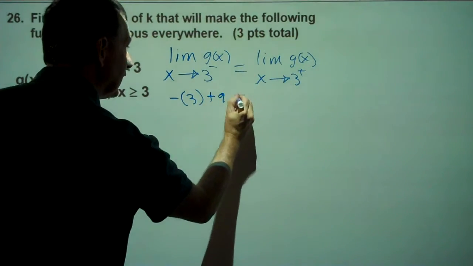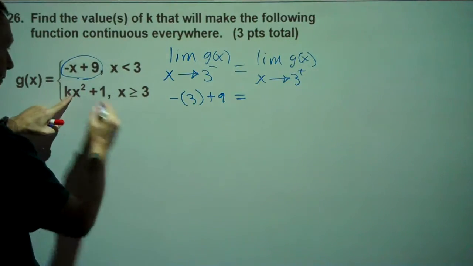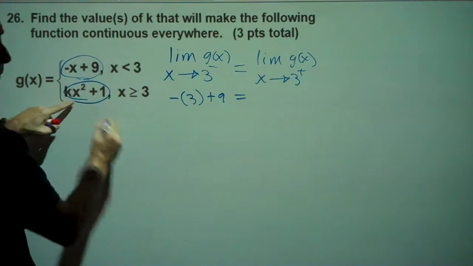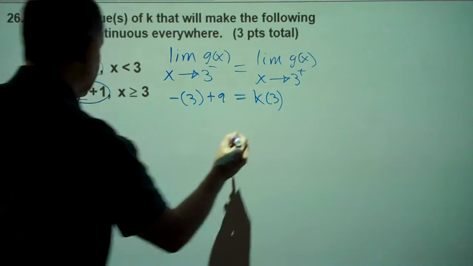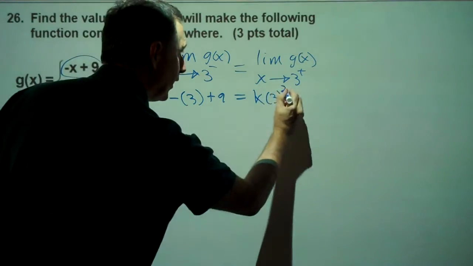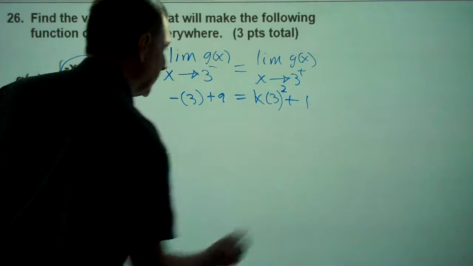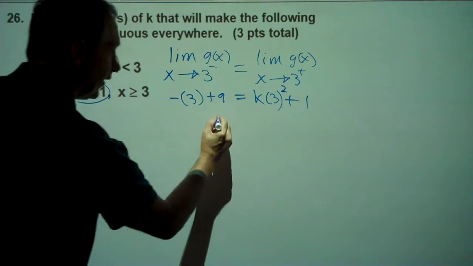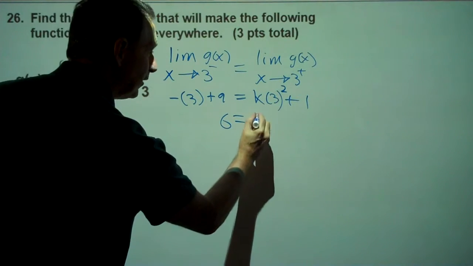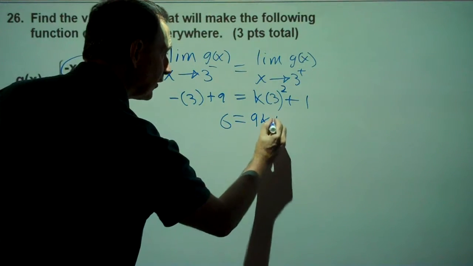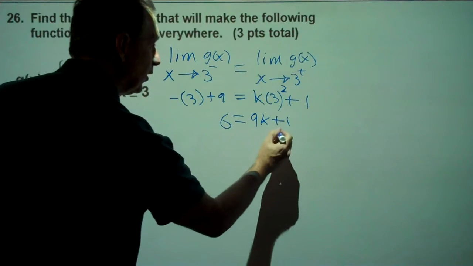The right side is this piece here, k times 3 squared plus 1. Negative 3 plus 9 on the left side is 6, and 3 squared is 9, so we have 9k plus 1. So 6 equals 9k plus 1.